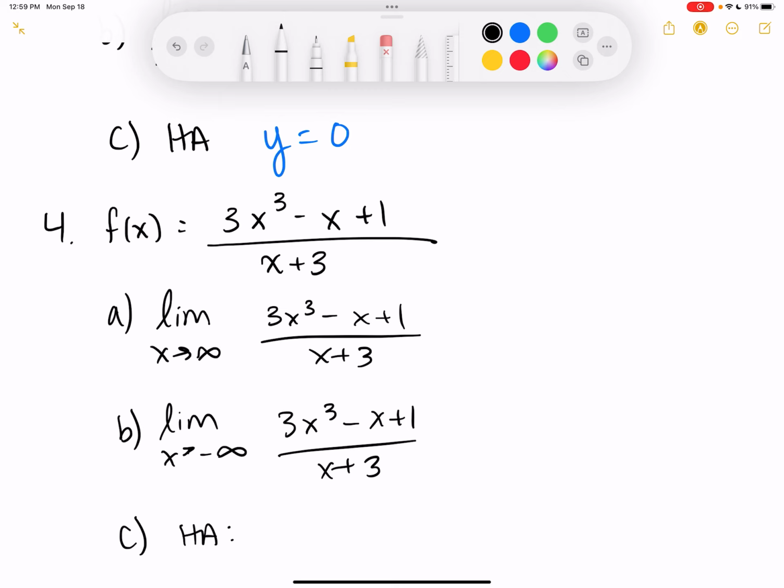So do we remember how, in general, to find if there's a horizontal asymptote? I feel like it's just a good time to review since we have one like this.